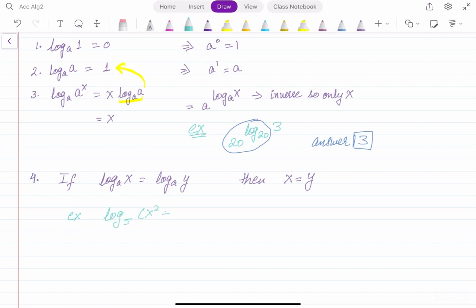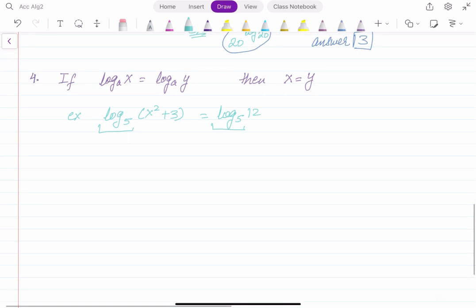So for example, we have log with base 5 of x squared plus 3 is equal to log base 5 of 12. So because both the logs have the same base, I don't need them. What is left is x squared plus 3 is equal to 12. And from there, you can solve this equation and you will get x is equal to plus and minus 3.